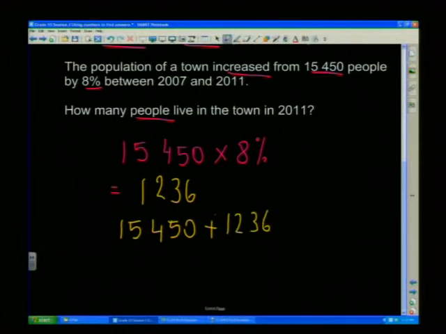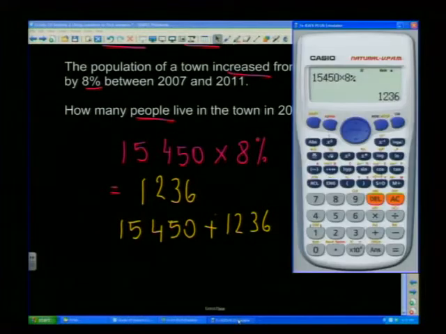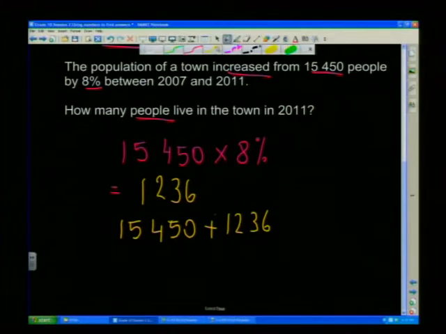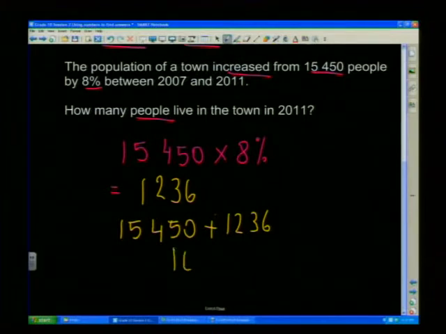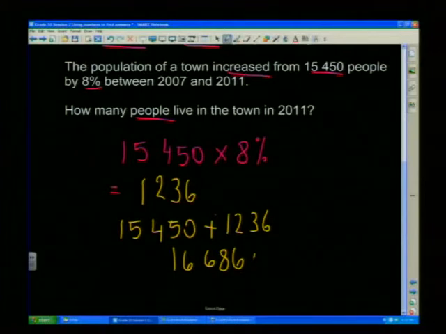I can add that on my calculator. I've already got that number in the calculator, so all I need to do is add my original 15,450, and I get an answer of 16,686. That's the number of people that live in the town.